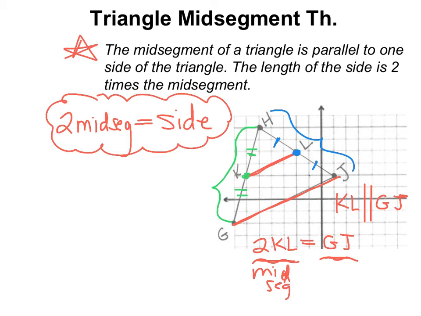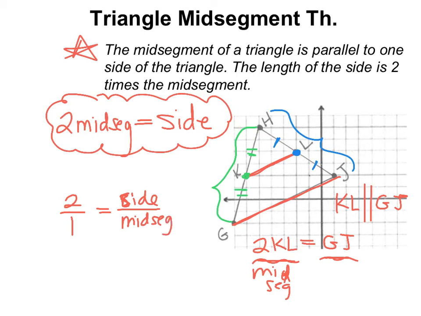Now, how does that relate to the topic we've been talking about, which is proportionality? Well, we know that the side is 2 times the midsegment. So the scale factor between the side and the midsegment will be 2 to 1, meaning that the side is twice as big as the midsegment.